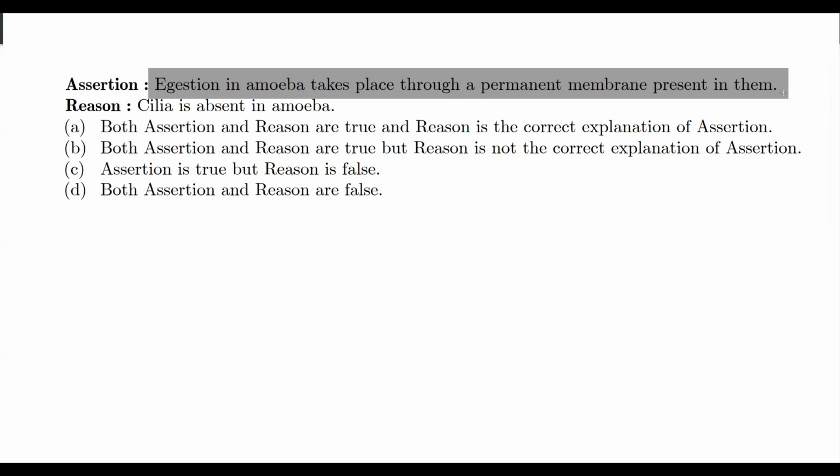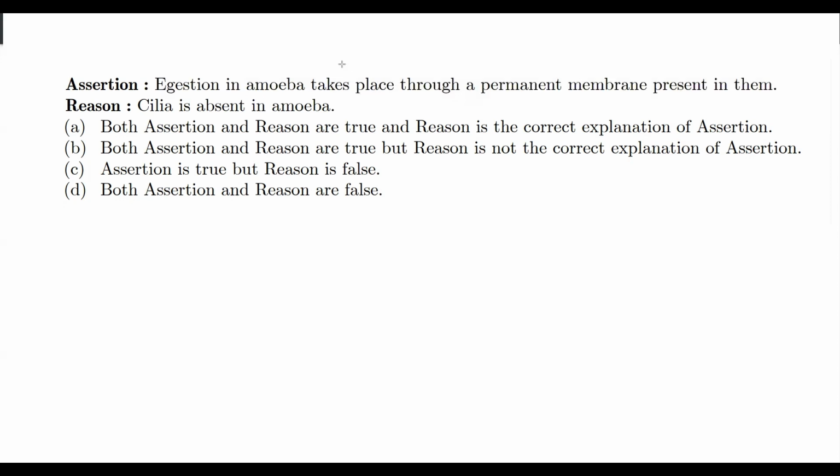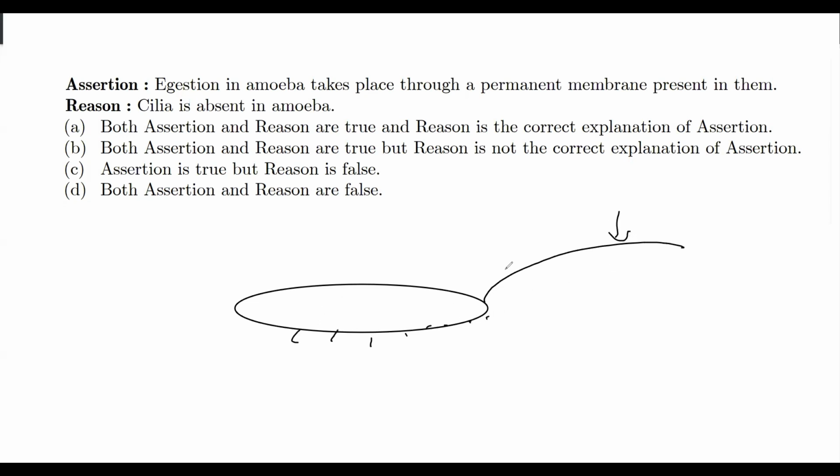And the next is cilia is absent. Cilia is the hair-like projection that is present in paramecium. This is paramecium, so cilia is present over here. So cilia is absent in amoeba. Clearly, it is absent. So A is false.